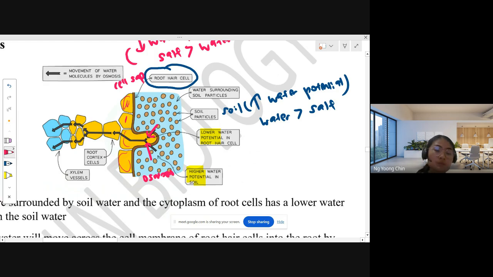So this is how the roots absorb the water. They will transport the water to the root cortex cell, then to the xylem vessel. The xylem vessel acts as a continuous column, transporting the water from the roots to the stem, then to the leaf.